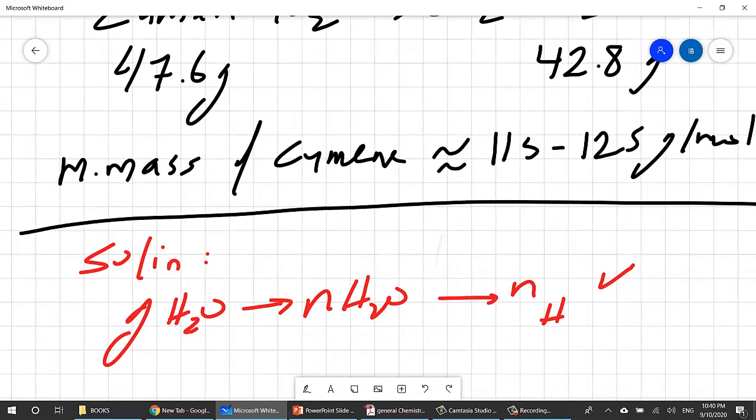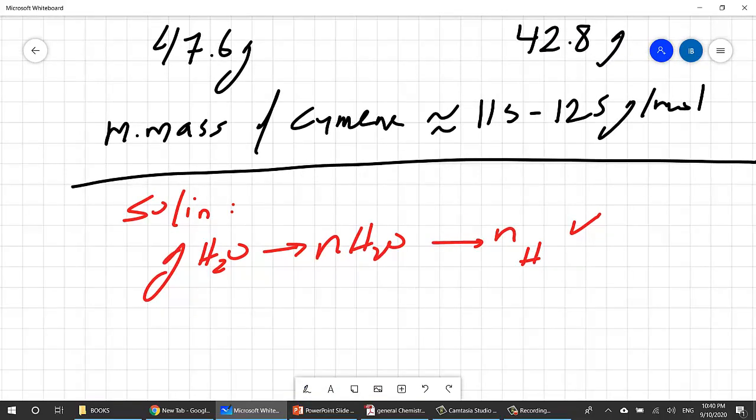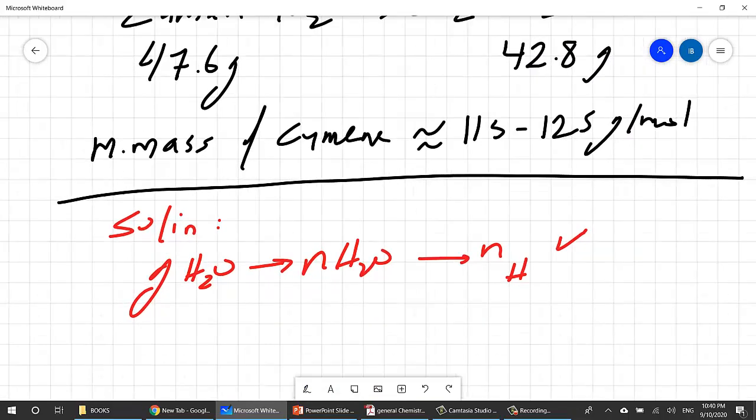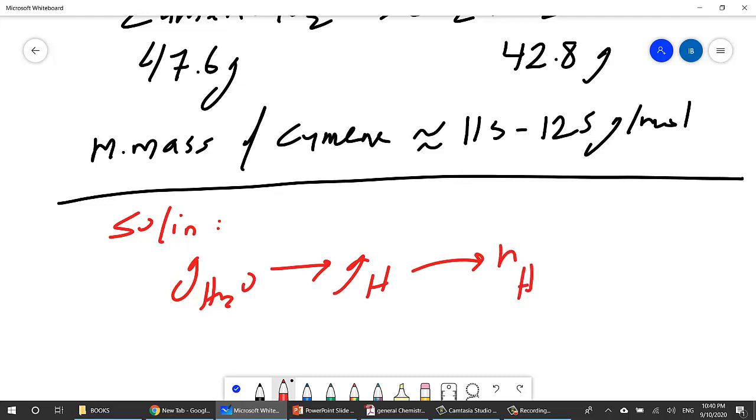But again, the way I do this question, from the grams of H2O, I can figure out the number of moles of H2O. So I can use the grams of H2O given to figure out the grams of H that I have in the sample, and from that I can know the number of moles of H in the sample.